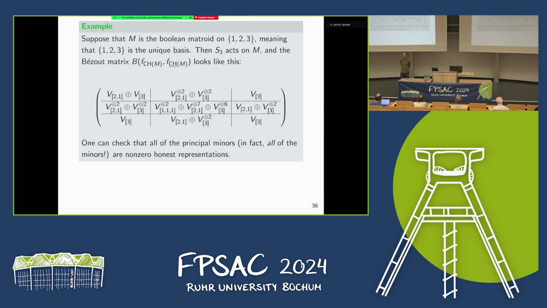So these things are FI-modules. Not only is there a map from the configuration space of endpoints in the plane to itself when I permute the points, but if I have an injection from a set of size M to a set of size N, then I have a forgetful map from the configuration space for N to that of M, and then I dualize on cohomology, I get maps the other way.